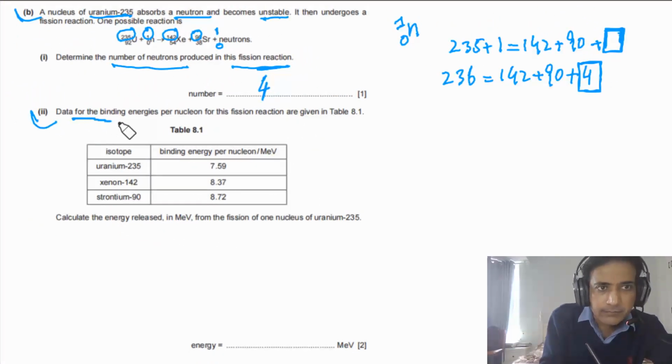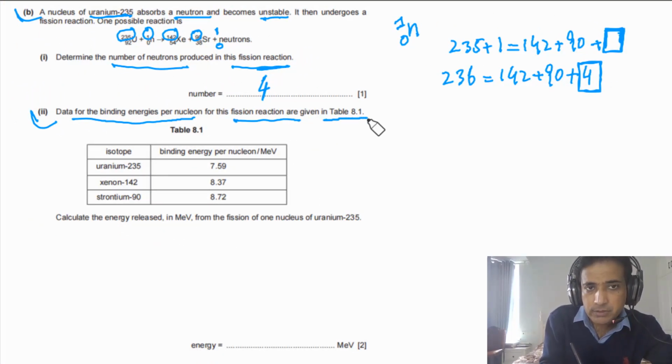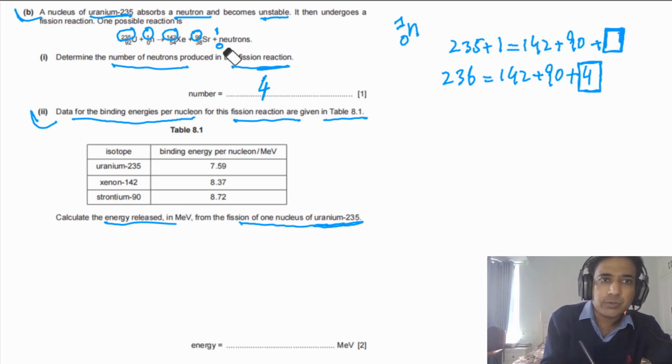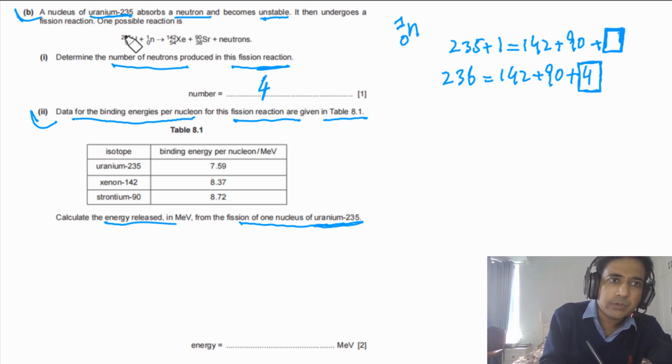The second part says data for the binding energies per nucleon for this fission reaction are given in table 8.1. Calculate the energy released in mega electron volts from the fission of one nucleus of uranium-235. So we have to look at this equation. Uranium is a nucleus, and neutrons are individual particles.